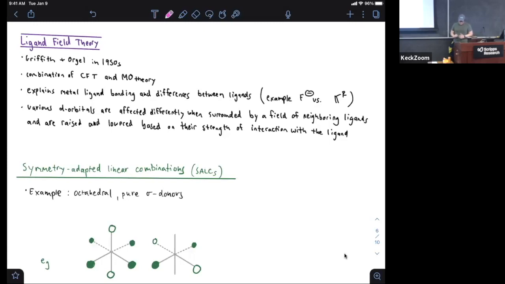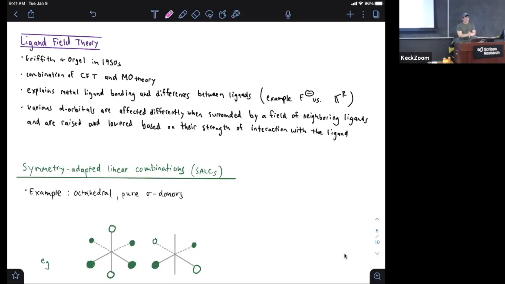But what it is in essence is the superposition of MO theory, which you're familiar with from Gen Chem, and crystal field theory. It essentially arose as a need to account for the fact that in this treatment of crystal field theory, we made the assumption that all the ligands are point charges that exist in space and apply an electric field. But this is not reality.